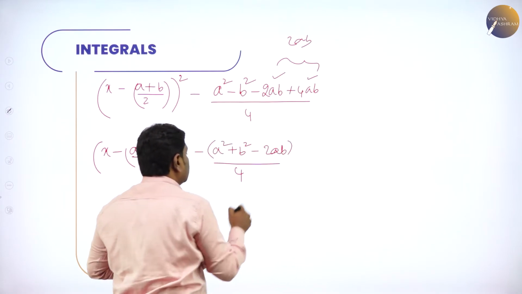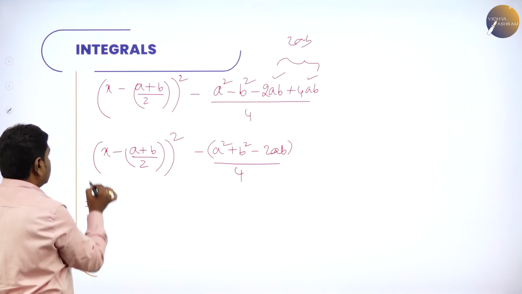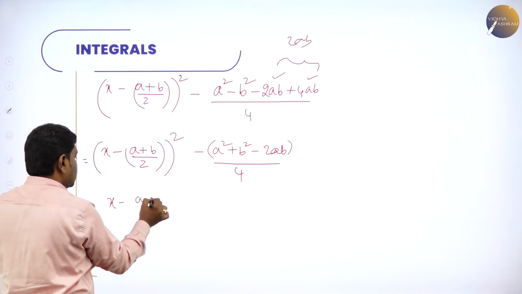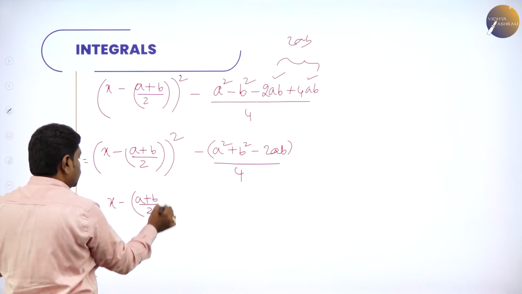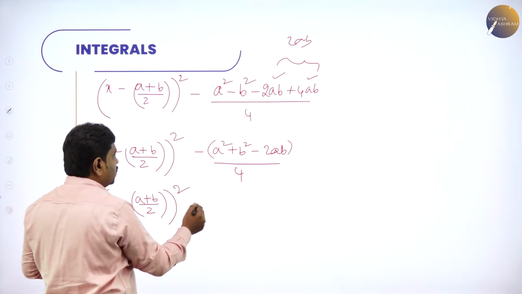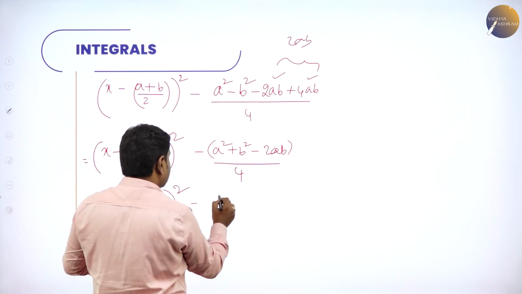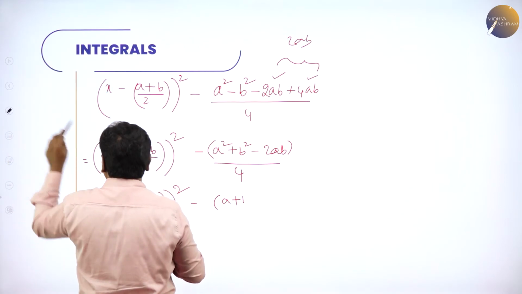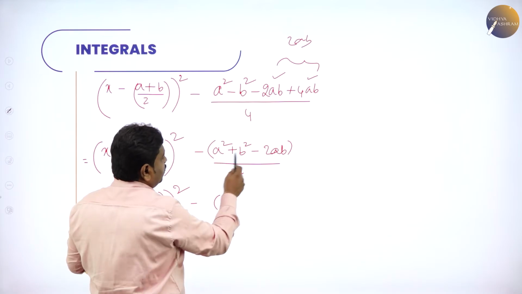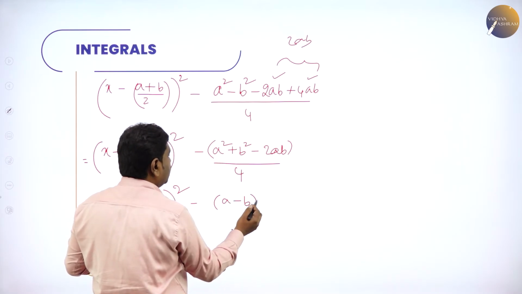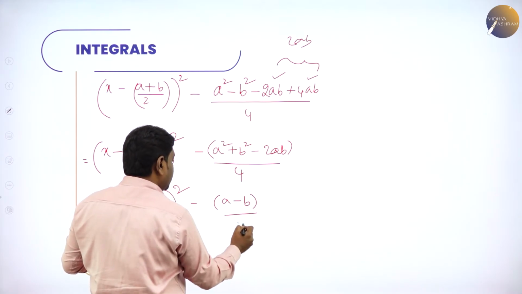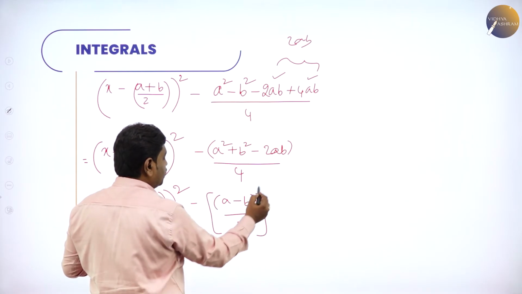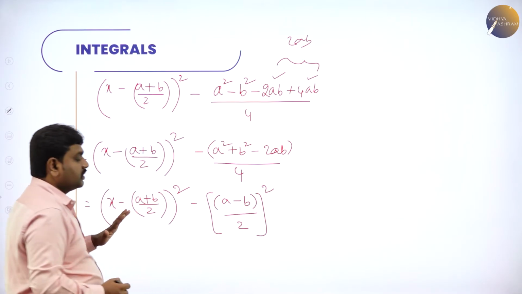Because I can compress this further, I can rewrite this as x minus a plus b by 2 the whole square minus a minus b by 2 the whole square, because a square plus b square minus 2ab can be written as a minus b the whole square, and 4 can be written as 2 square. So now this is the format.